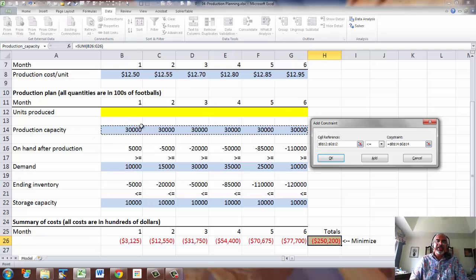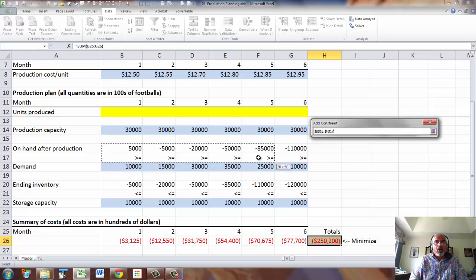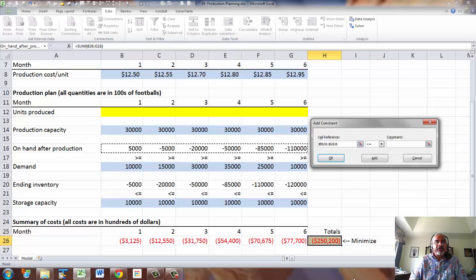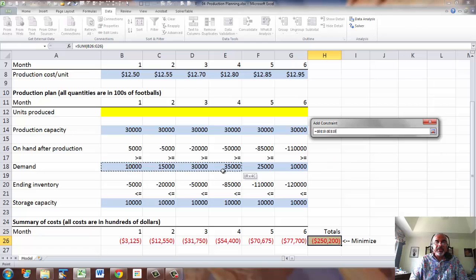We really don't need that for Solver, but we need to add that for readability, which I will in just a second. And then on hand after production, that should be greater than or equal to demand, so that we will be able to meet the demand.